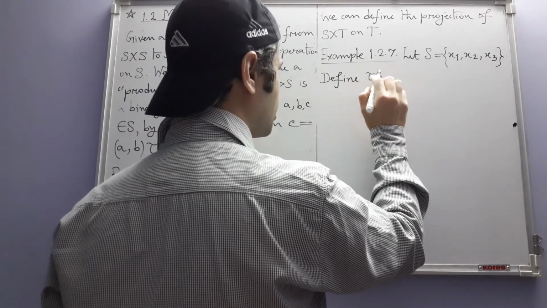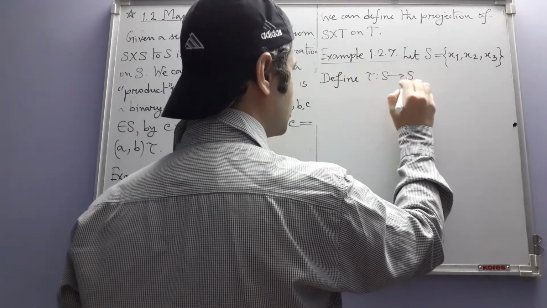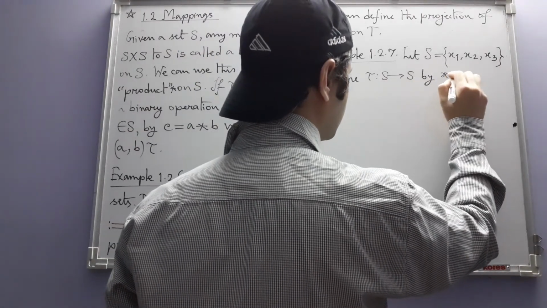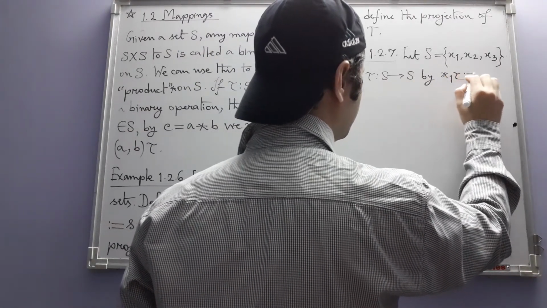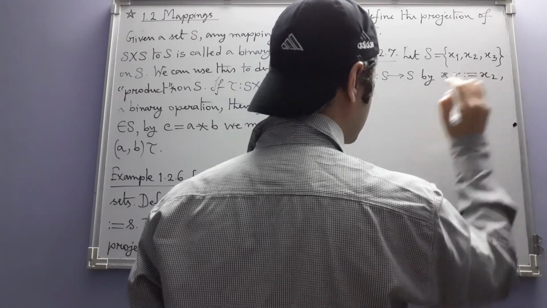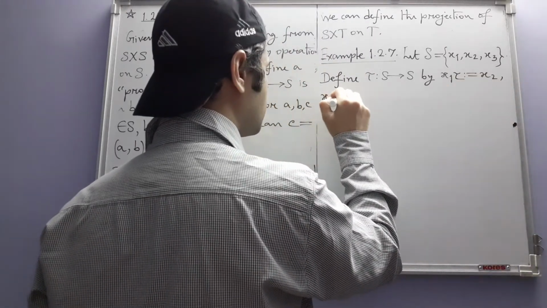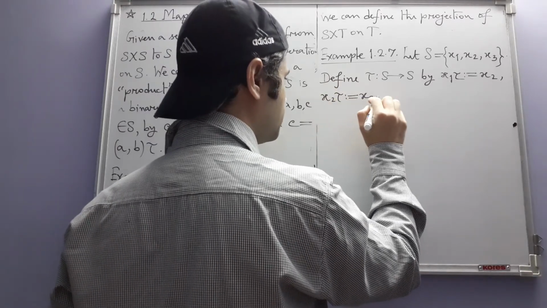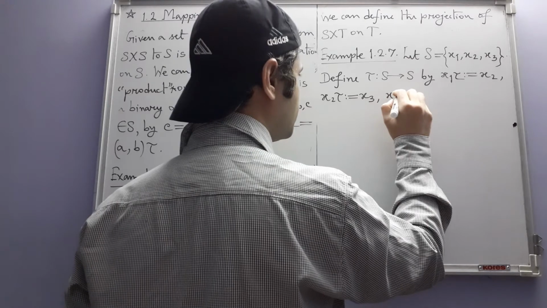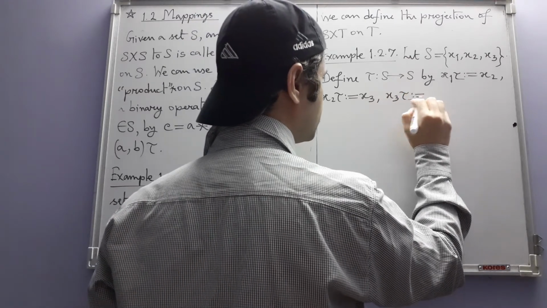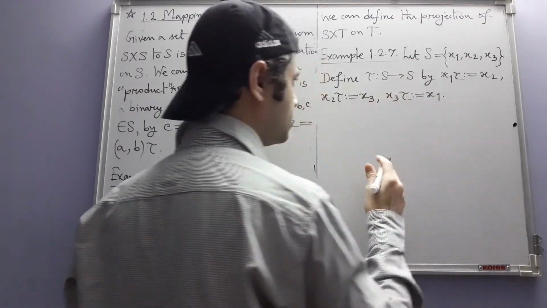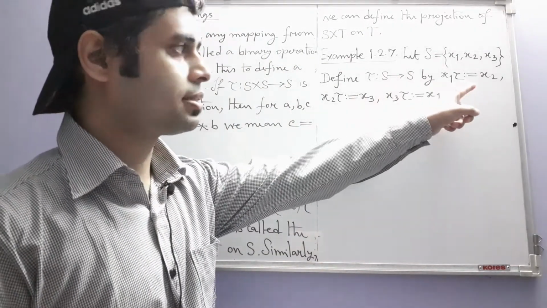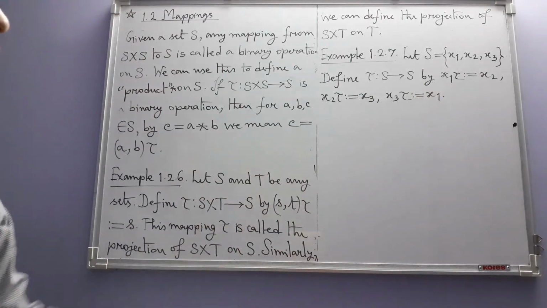Define a map tau from S to itself by defining the image of x1 to be x2, the image of x2 to be x3 and the image of x3 to be x1. This is also a legitimate mapping. Every element in S has a unique image, so it's a well-defined mapping.